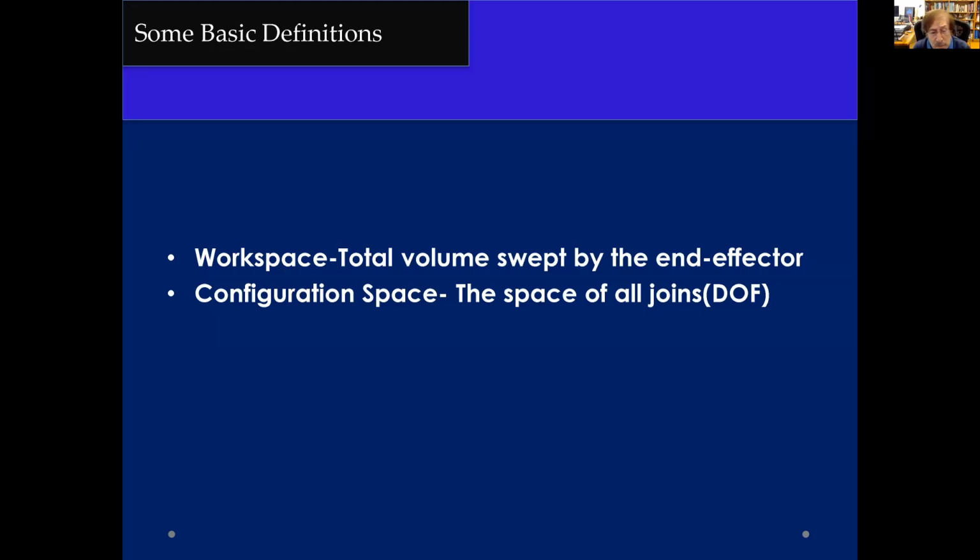Now we are going to mention another thing. Within the workspace, we make another definition, which is configuration space. Simply, we mention the configuration space as the space of all joints.